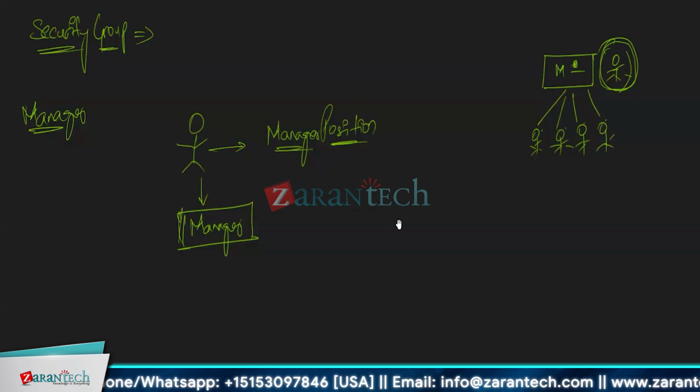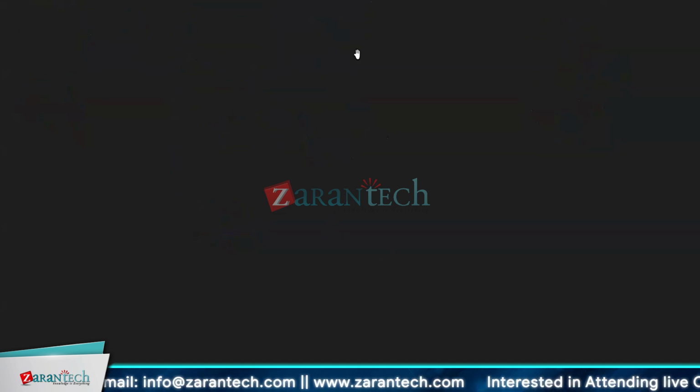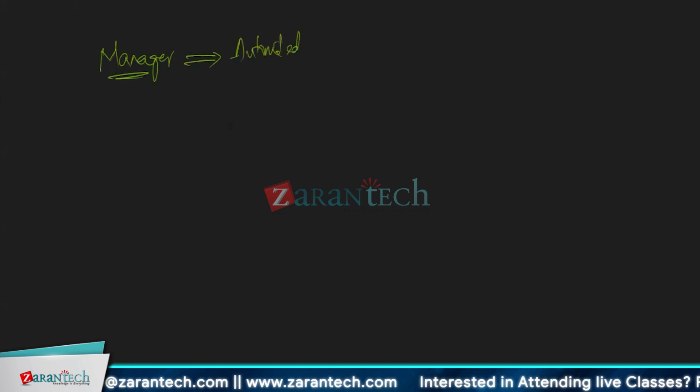Now every time you are hiring someone to a manager position, how will you assign that manager role to that employee? Every time you cannot manually assign things, right? It should be automated. So there are different types of security groups in Workday.